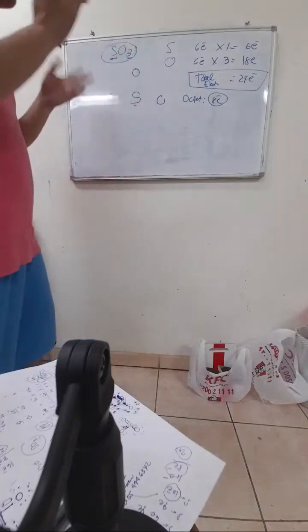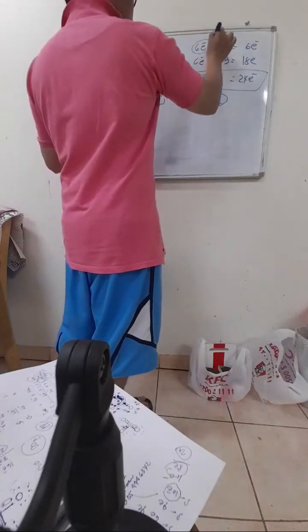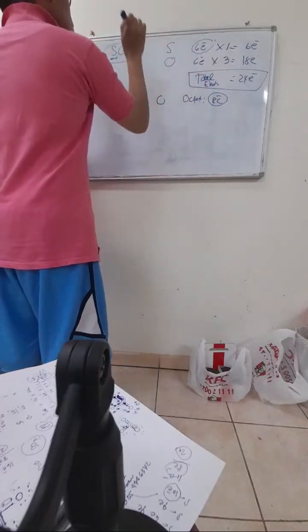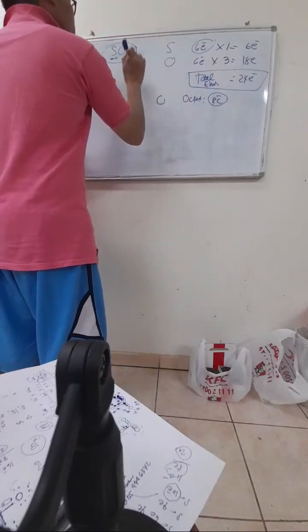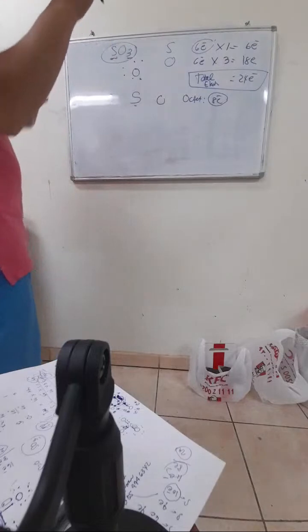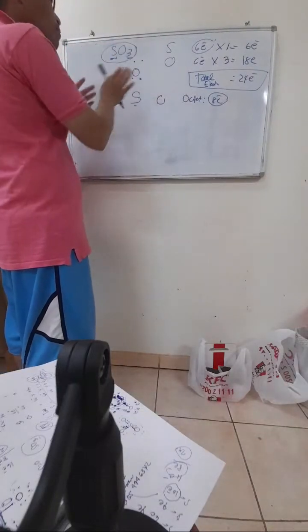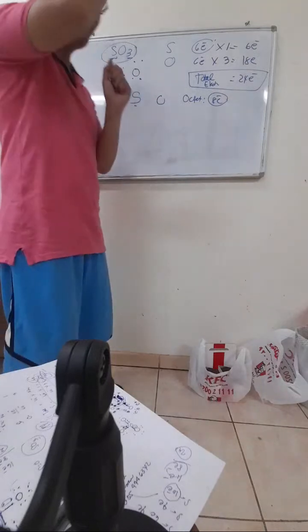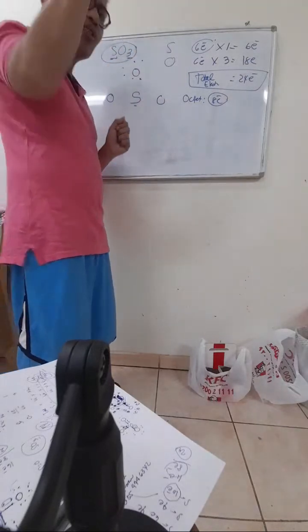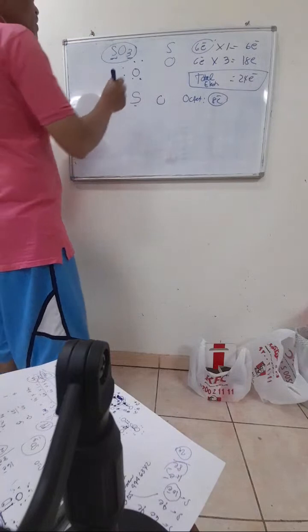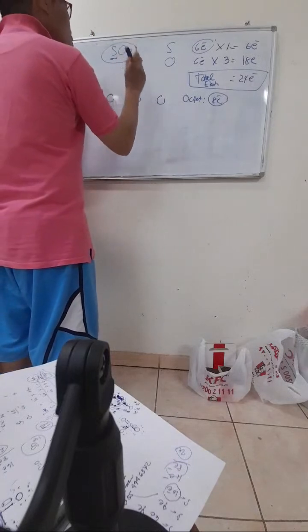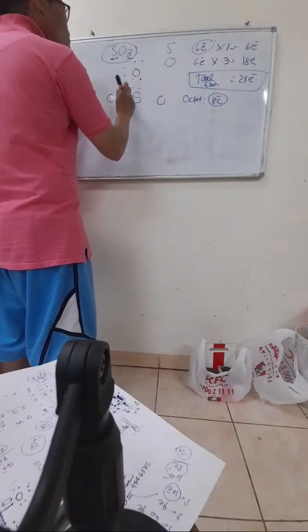Now take the valence electrons. So 1, 2, 3, 4, 5, 6. Your technique: you need to put the electrons opposite to the sulfur, so it's easy for you to connect during your structuring. So, 1, 2, 3, 4, 5, 6.